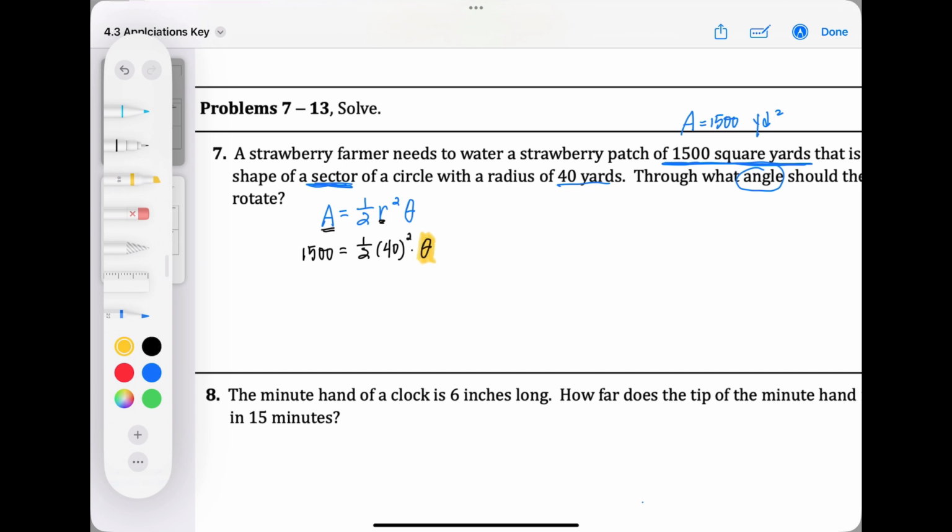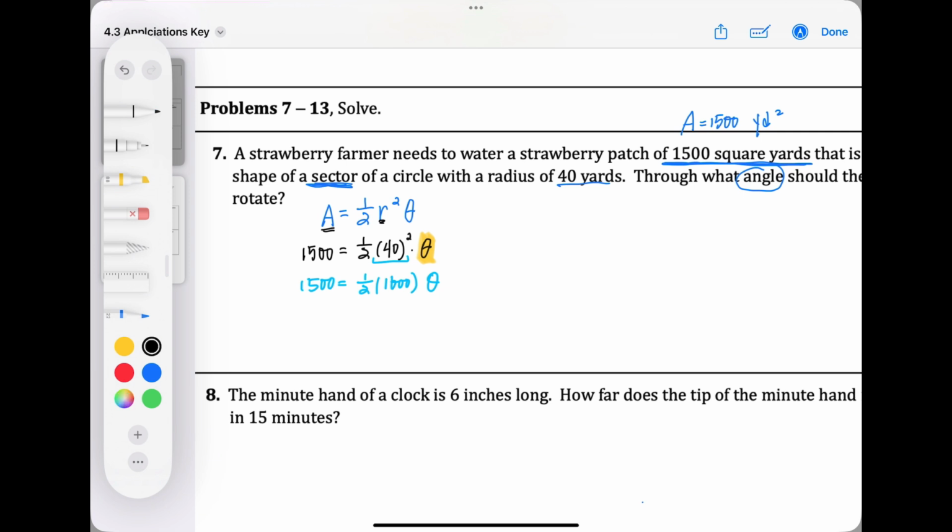I just want to figure out what will be my theta. So let's do some housekeeping. How do I do it? Well, one step at a time. So recall, please excuse my dear Aunt Sally. You can say that 40 squared is equal to 1,600. And that is equal to 1,500.